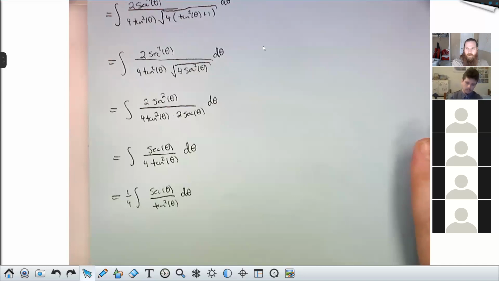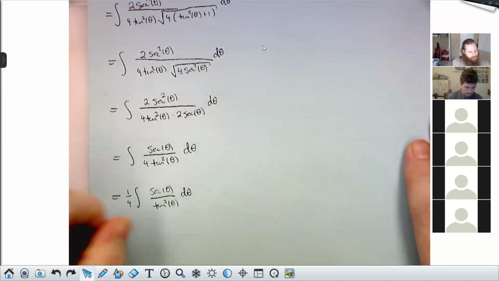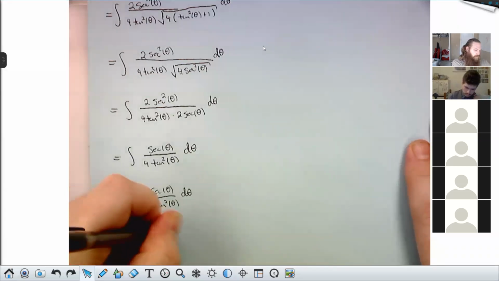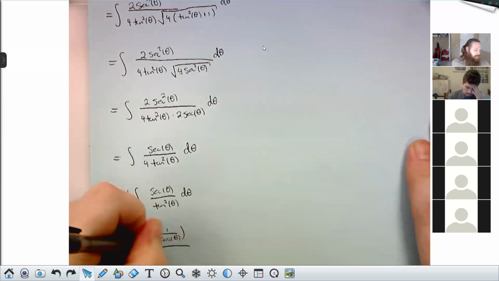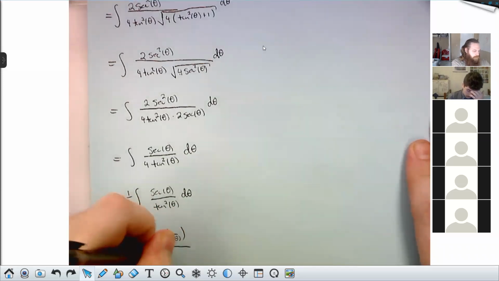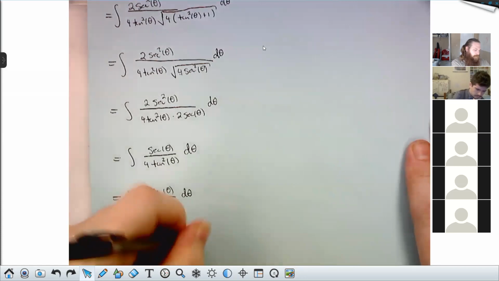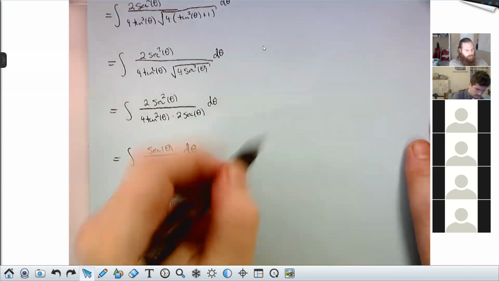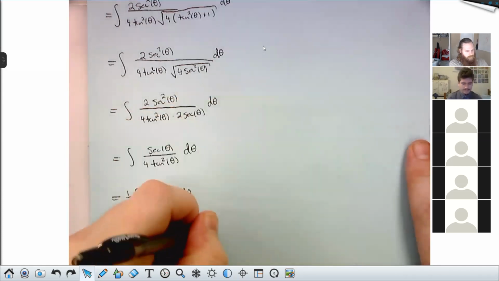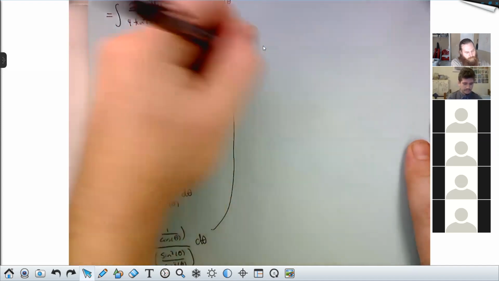I'm going to rewrite these in terms of sine and cosine and see what I get. That's 1/4 integral of 1 over cos theta divided by sine squared theta over cos squared theta.